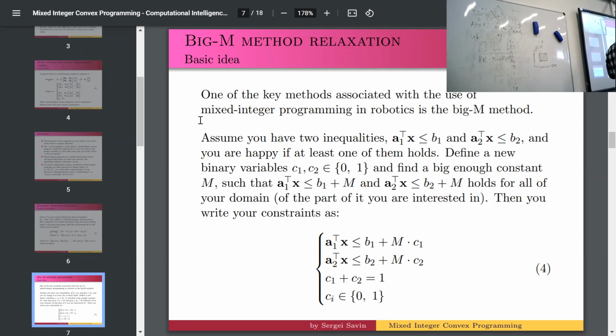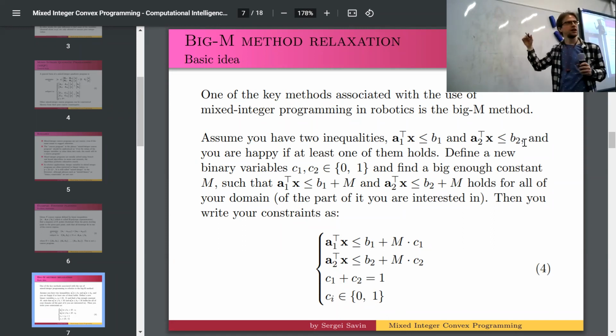Okay. Assume you have two inequalities. Let me highlight it here. This inequality and this inequality. And you are happy if at least one of them holds. So let me just write it here on the blackboard. Sorry for destroying all our beautiful polytopes. So what does it mean?